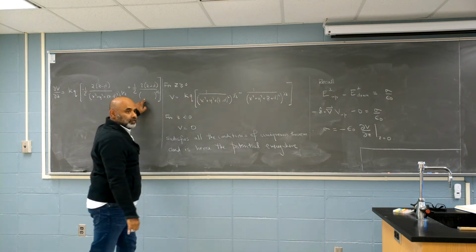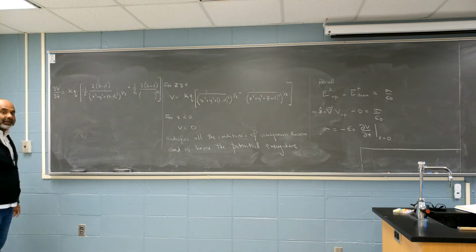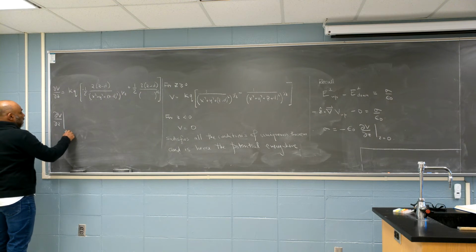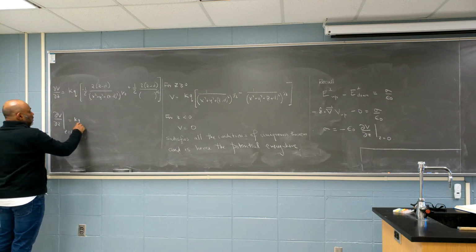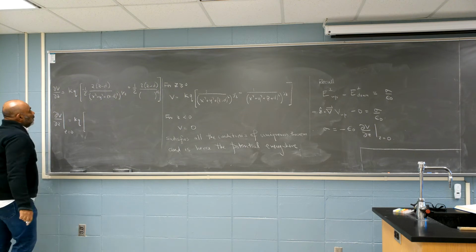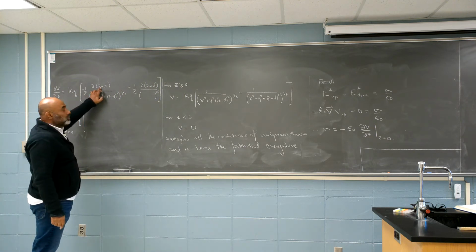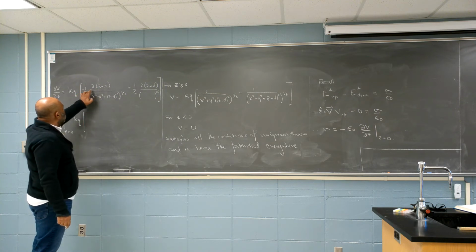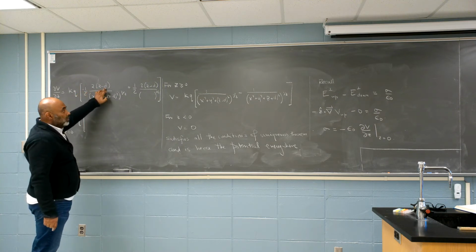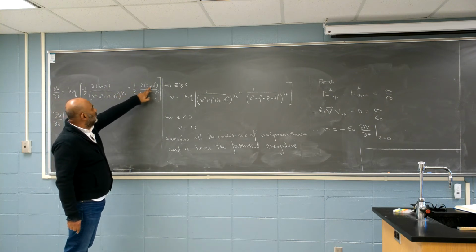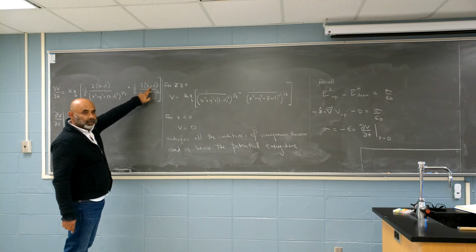This goes here, okay? Now let's evaluate at z equals 0. The twos cancel, and z goes to 0. I get d over here. What do I get over here? z goes to 0, also get a d.